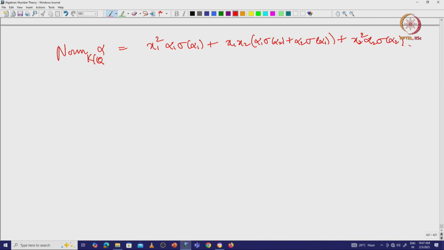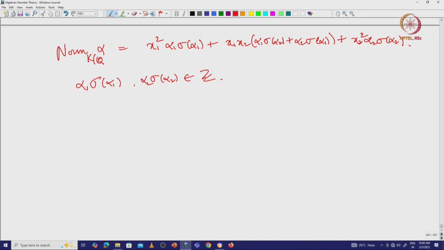Now, it is clear that alpha 1 sigma alpha 1 and alpha 2 sigma alpha 2, these are integers, because alpha 1 and alpha 2 are algebraic integers. These are just norms of alpha 1 and alpha 2.